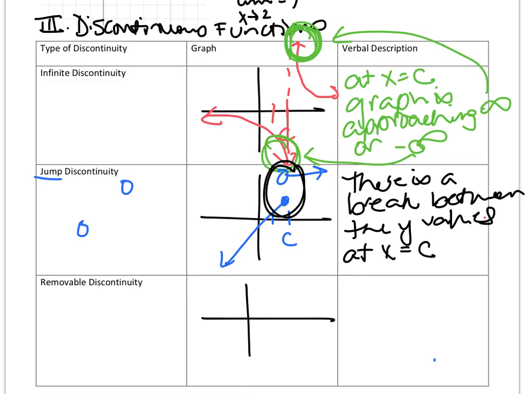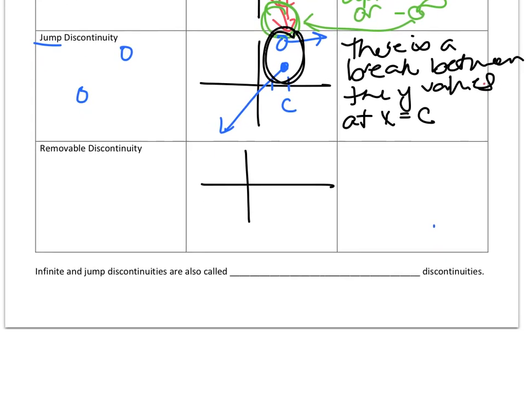And then a removable discontinuity. Let me move this up. It basically means it looks like you have one continuous graph, but you have a hole in there. It could be any kind of function. It could be that, it could be a line.